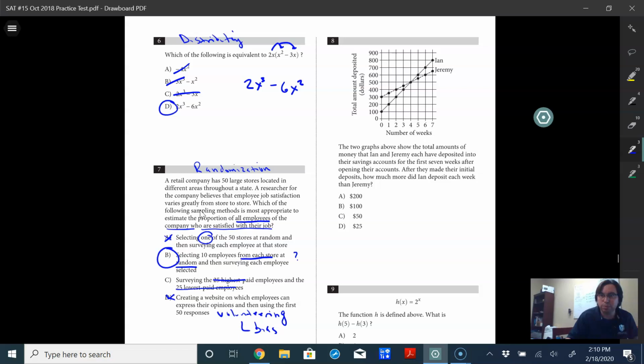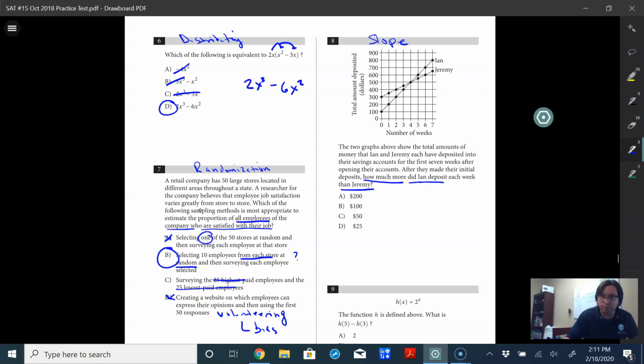After they made their initial deposits, how much more did Ian deposit each week than Jeremy? This looks like a slope problem, because it's asking how much more after they made their initial deposits. So this is really a slope question.